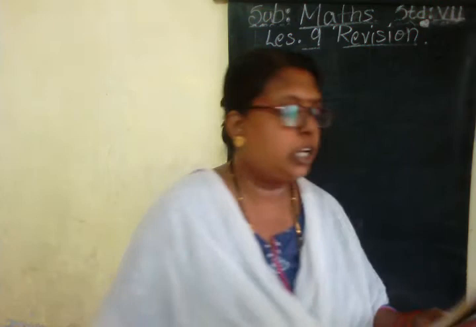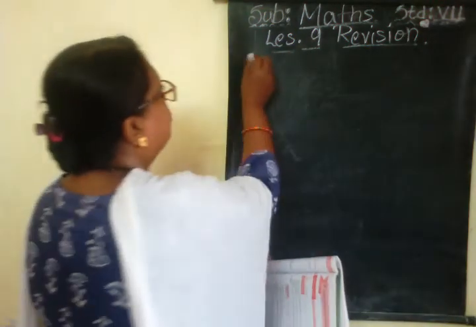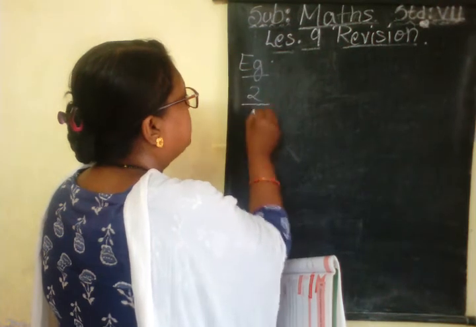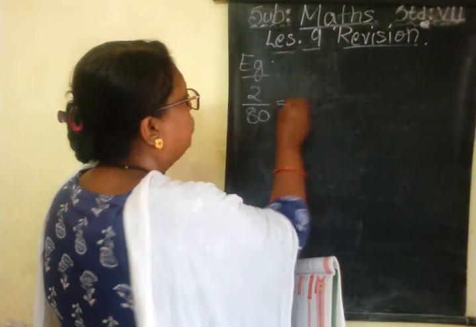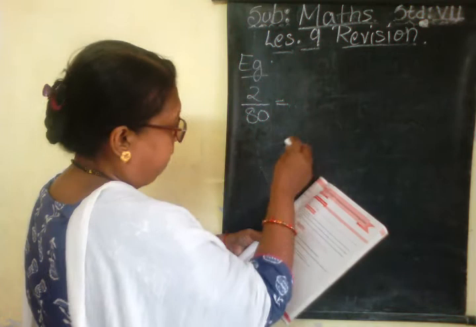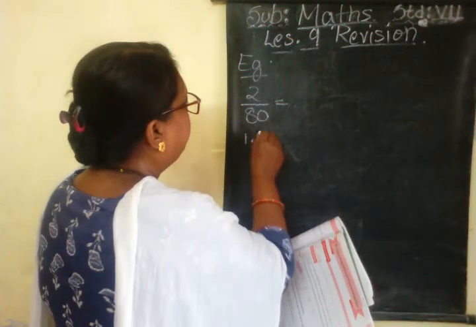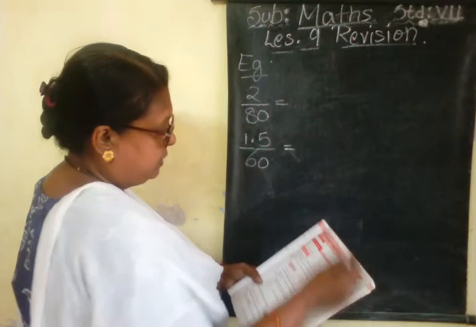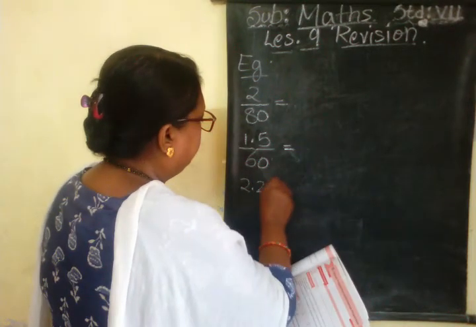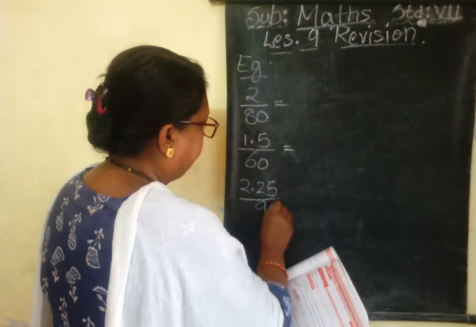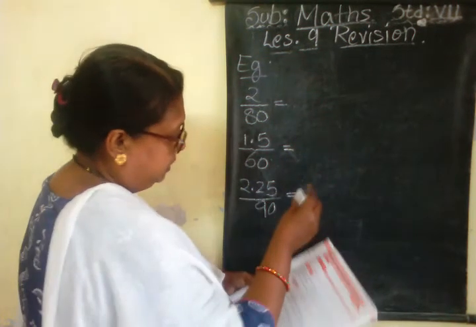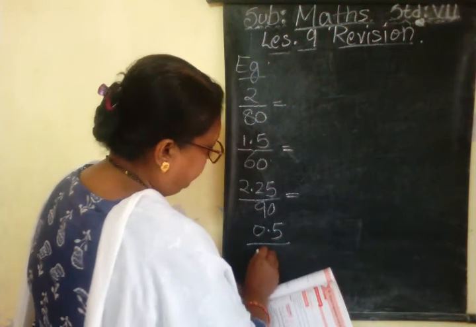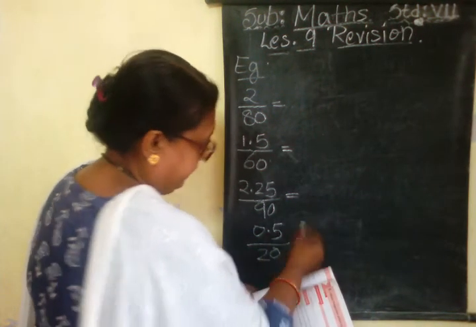So when you see this ratio, if I write it in ratio, first ratio becomes liters upon cost is equal to how much it is, then 1.5 upon 60, we will find its answer. 2.25 upon 90, we will find the answer. 0.5 upon 20, we will find the answer.